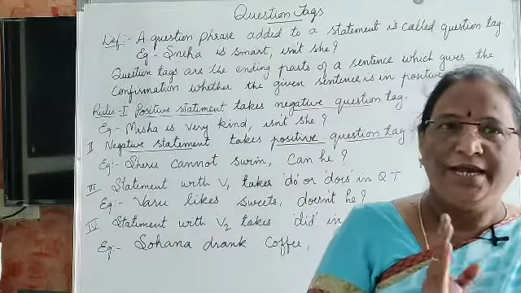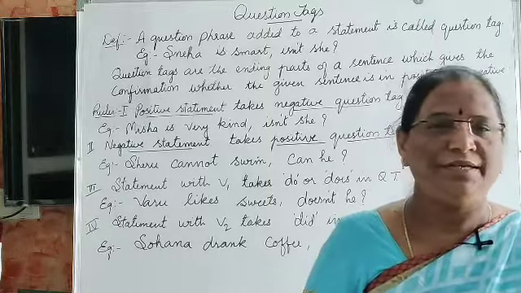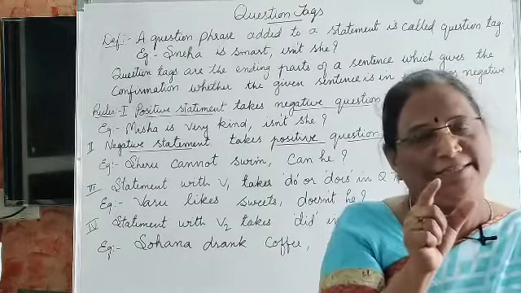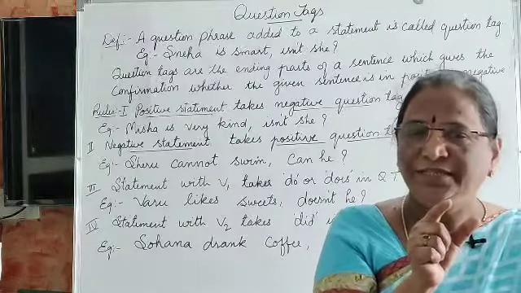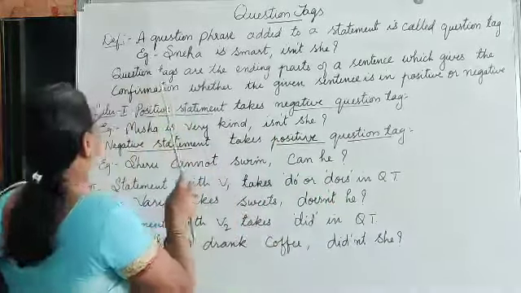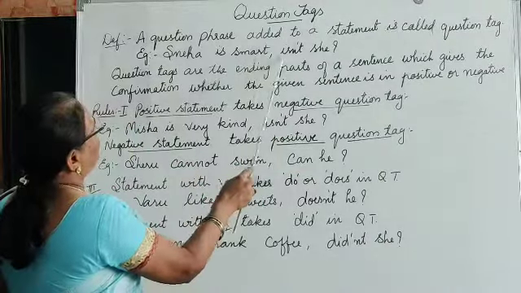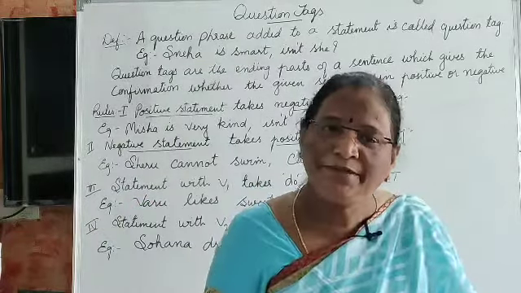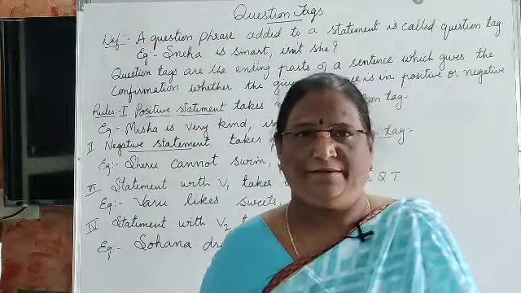First of all, identify the helping verbs. What is a question tag? A question phrase after a statement. For example, this is a statement and this is a question phrase. A question phrase after a statement is known as a question tag.